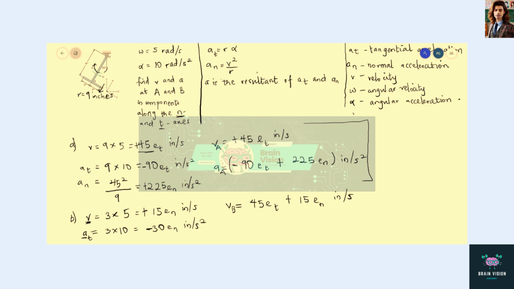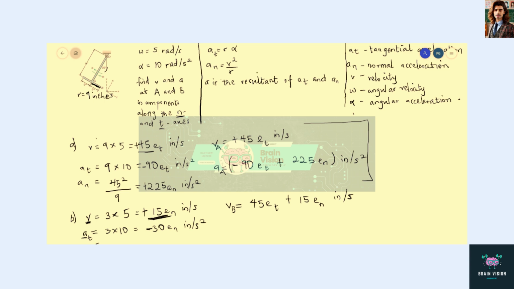And finally, for the an dash, we're only considering this part, and the formula we're going to use is v squared over r. So we're only going to use the velocity for this side, the velocity we calculated.